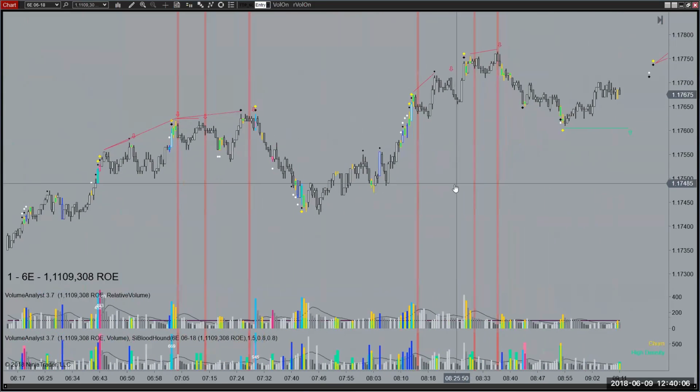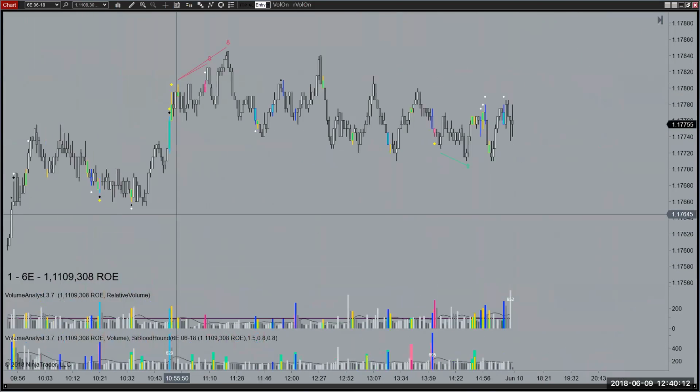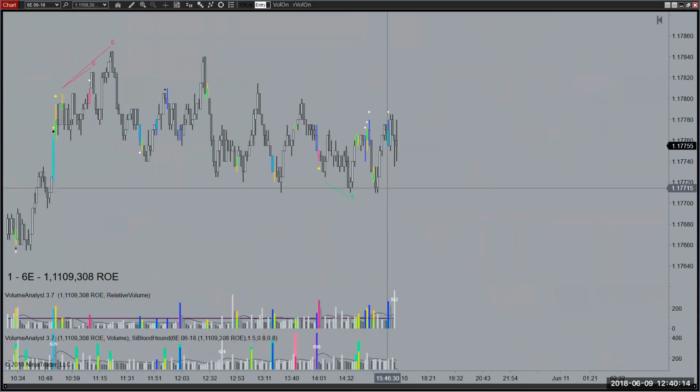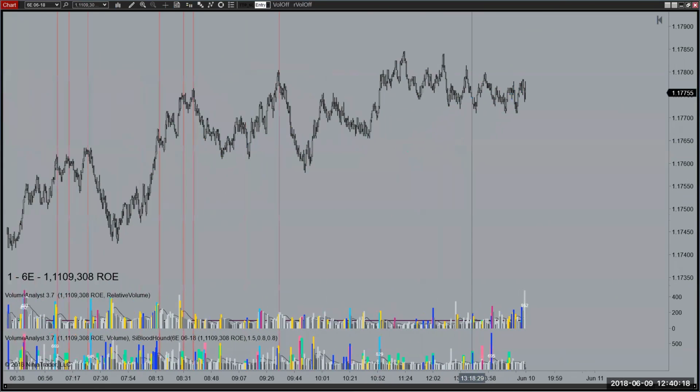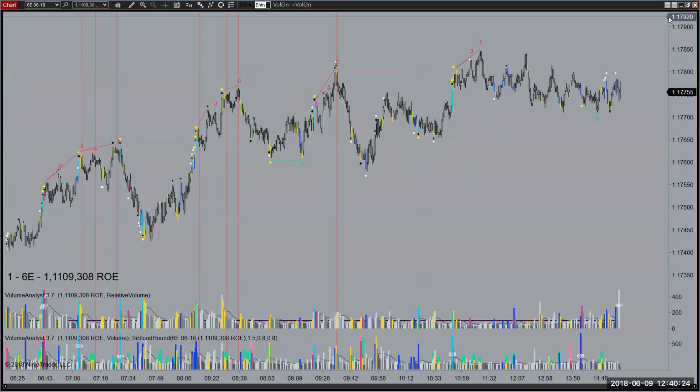This one you got stopped out of. That one you would have made some money on. This one you would have made money on. So there's a lot of these little swing highs and lows that are identified with just the bare bones minimum combination of these 4 charts.